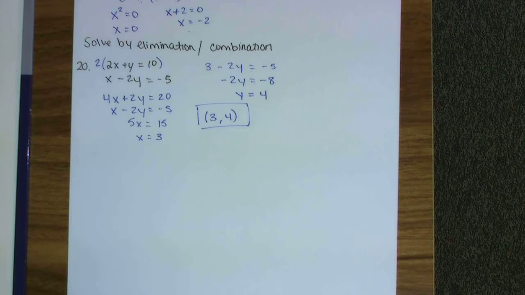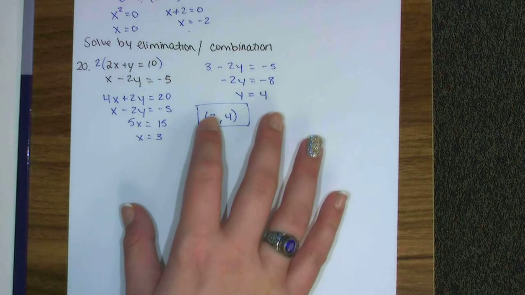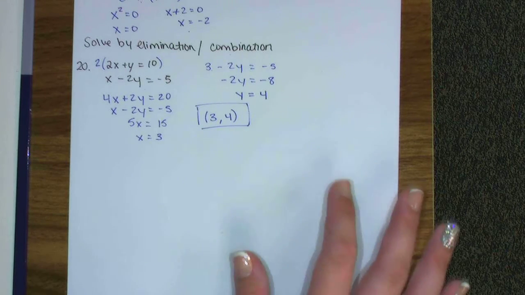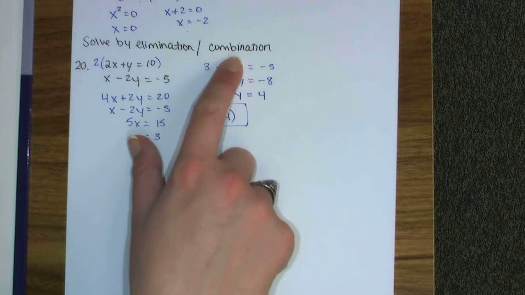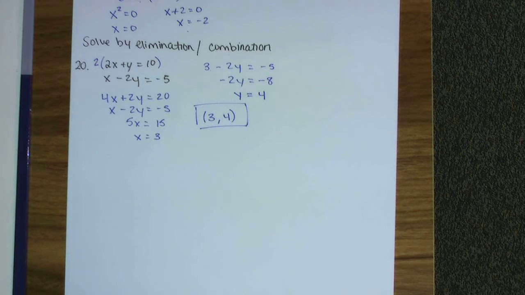There will be specific problems that require you to use that method. But right now, you could pick any of these when I give you a quiz. Now the homework specifically tells you which one to use, so you have to use whichever one the homework tells you, and I will be checking for that.